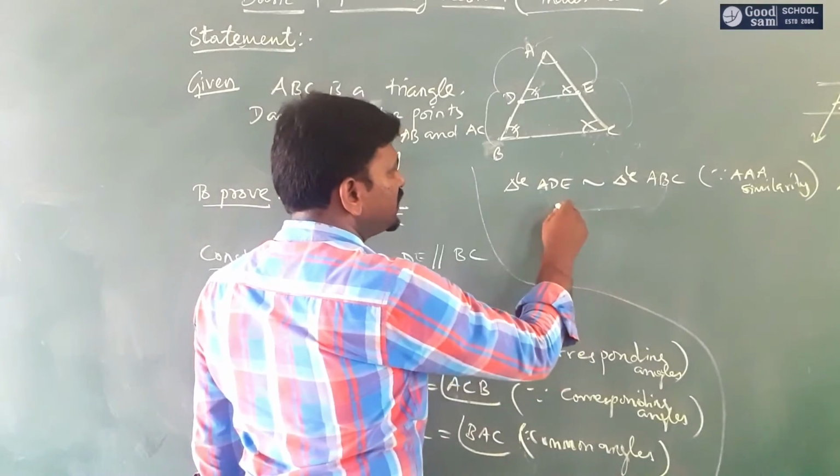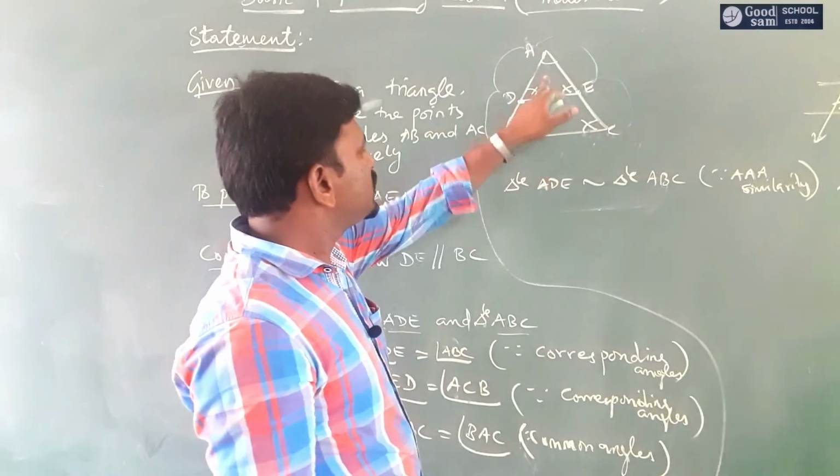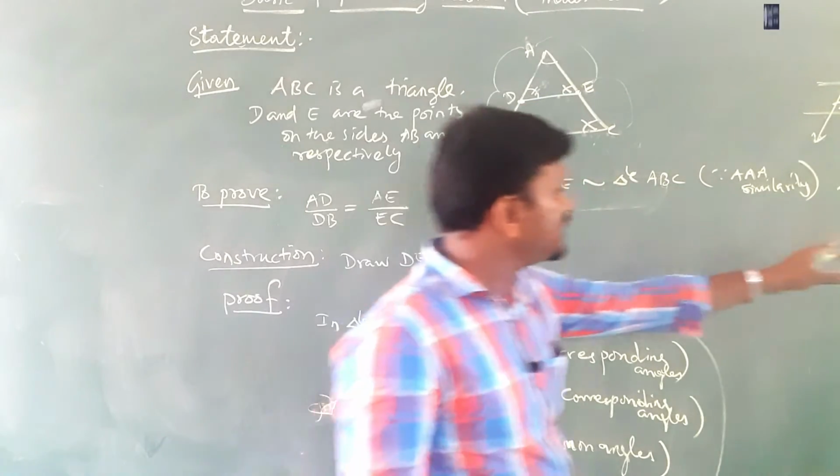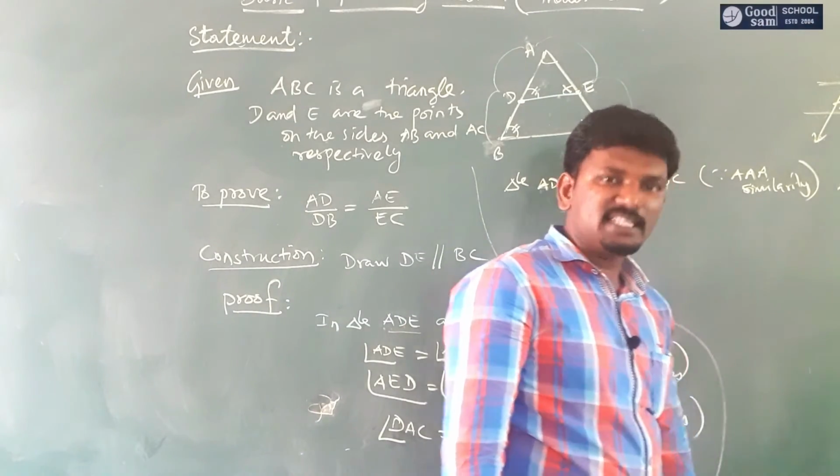Okay, now if these two triangles are similar, their corresponding sides must be in the same ratio.